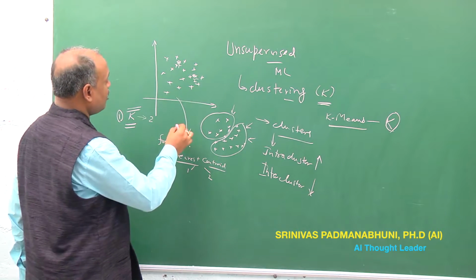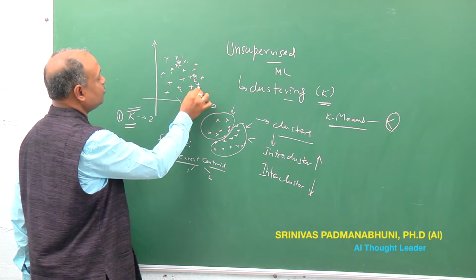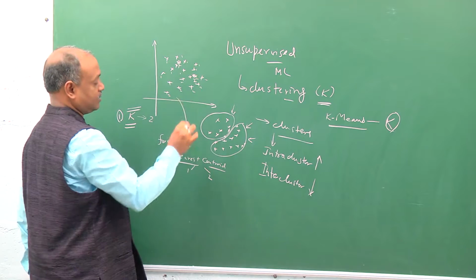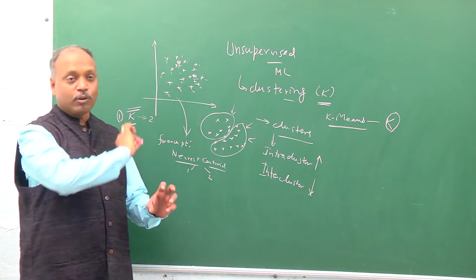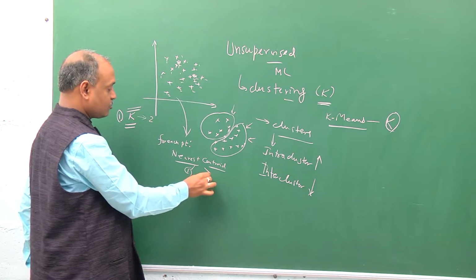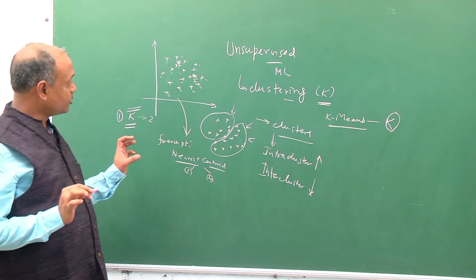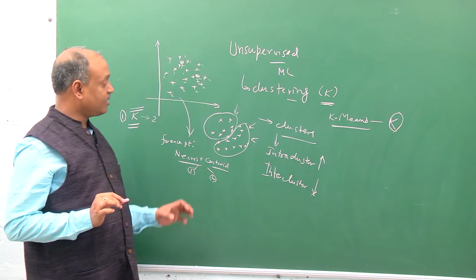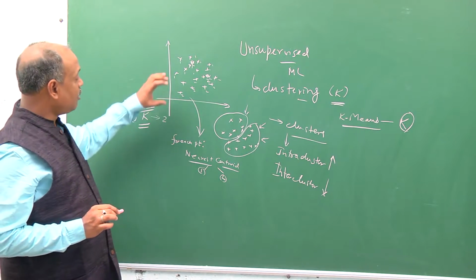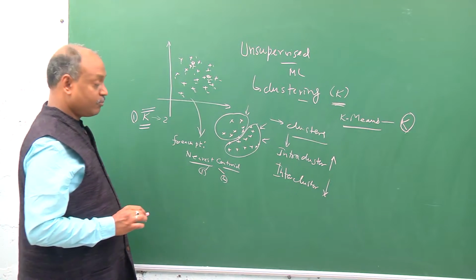At the end of it, all points will have some label: 1, 1, 1, this will probably be 2, 2, 2, 2, 1, 1, 1, 2, like this. So at the end of this step, all the points in the input will have one of the centroids associated with it. Now we have gone with the initial assumption of 2 centroids. We've taken the points closest to centroid 2 as belonging to cluster number 2, and all the points closest to centroid 1 as belonging to cluster number 1.